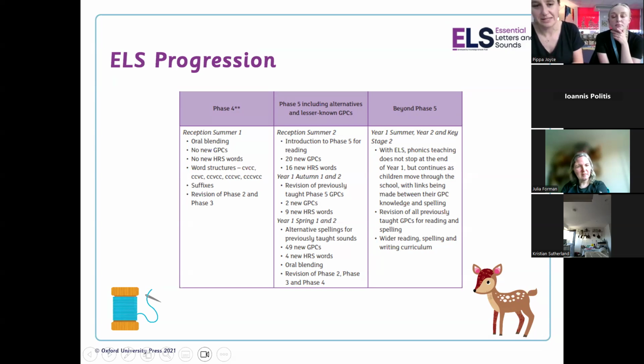We think consolidate, consolidate, consolidate, make sure that they've got those skills and they're feeling confident with what we've taught them, so that they can hit year one by repeating some of that and then moving forward, and it being exciting and a new place and still fun rather than taxing in a very long summer term. So that does say reception summer term two, but I doubt we will start until year one autumn term.